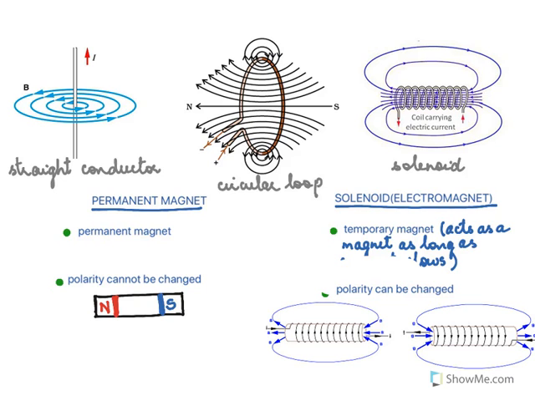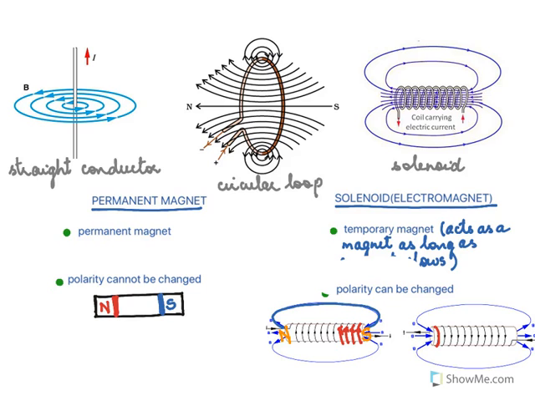These two figures clearly indicate how the polarity can be changed. In the first, the current flows in one direction and the magnetic fields emerge and merge here. So this becomes the north pole, and this is the south.